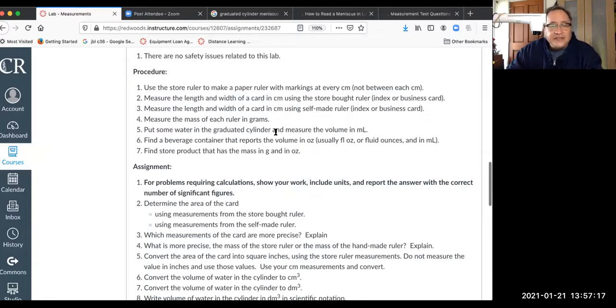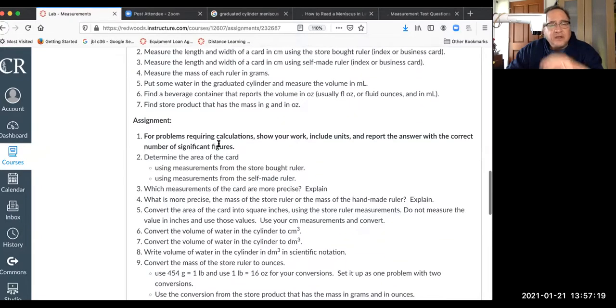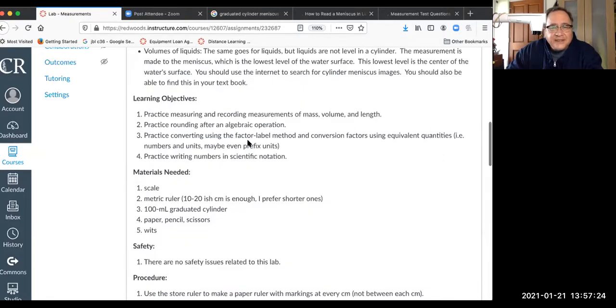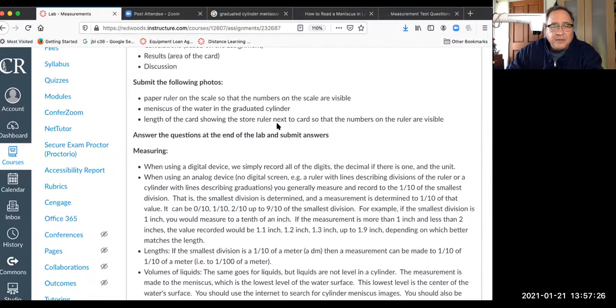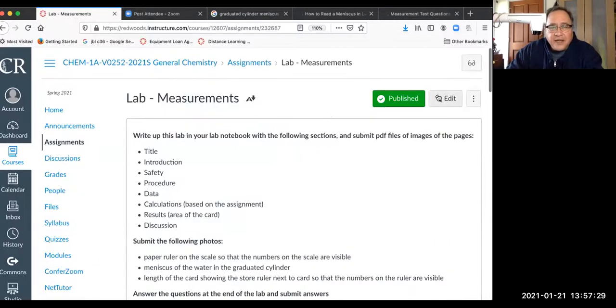Okay, now let's look at the assignment. I need to change that. Let me go in and edit this. I thought I edited this just a moment ago. So edit.